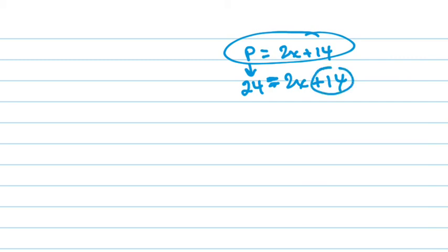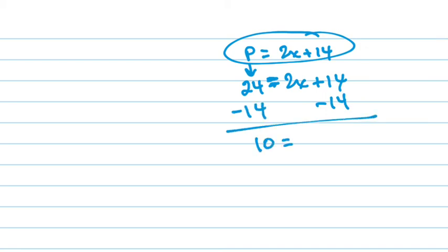So first I'll move this positive 14, and since it's positive, I'll move it by subtracting it from both sides, which gives us 10 equals 2x. Then I still need to get the x by itself by dividing both sides by 2, which gives us x equals 5.